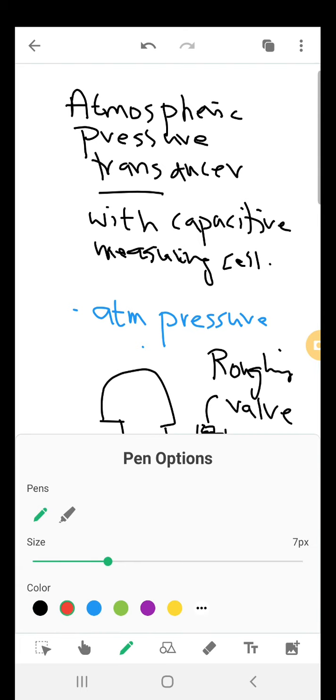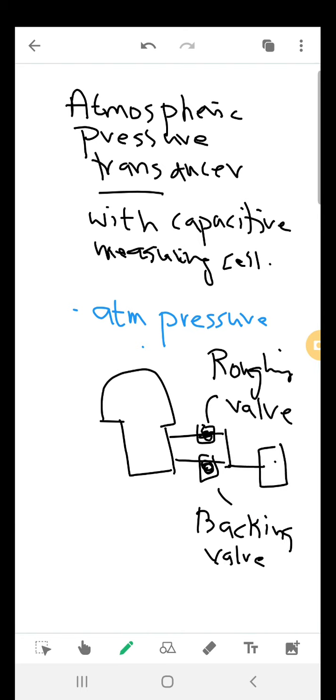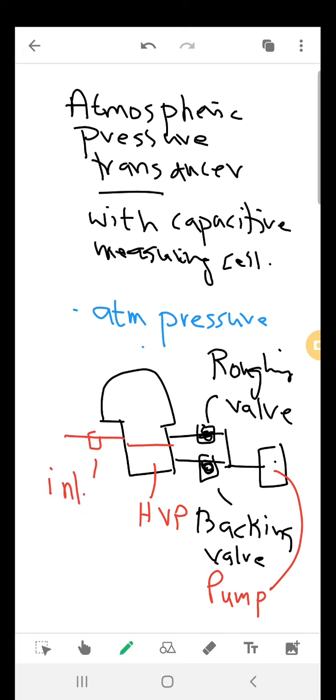So this is the pump, and we have the high vacuum pump here. We call it HVP, high vacuum pump. And this is the inlet valve.